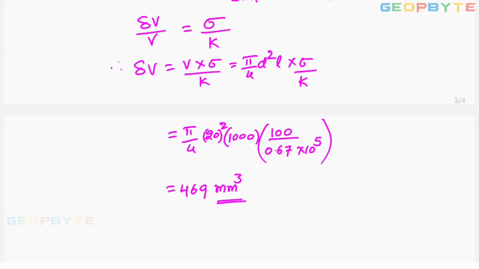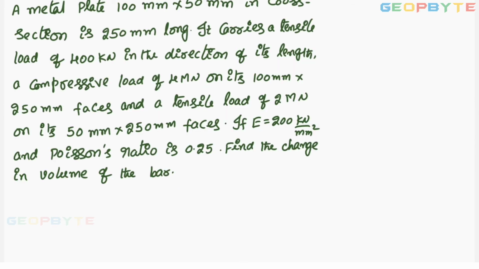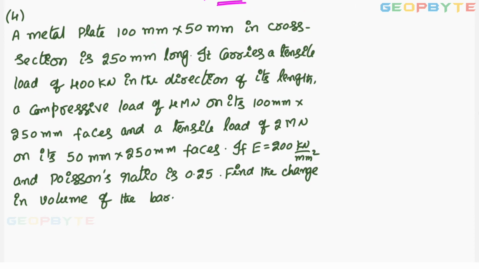Let us do one more problem. Next problem: a metal plate 100 mm into 50 mm in cross section is 250 mm long.